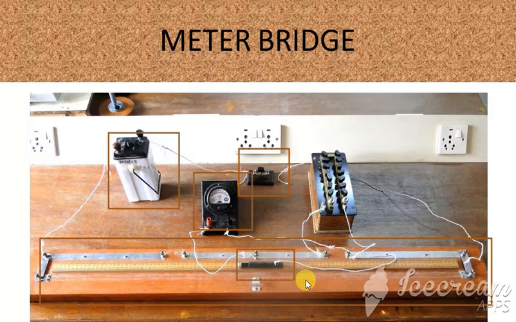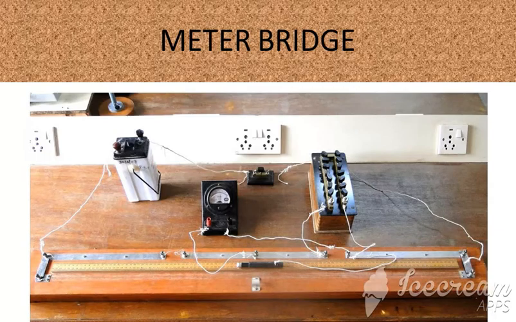So this is a scale, and here you will have a wire. If you move this jockey over this wire, the galvanometer will show the deflection, and we have to note down the point where the galvanometer shows zero deflection. That gives your reading, and this is your resistance. So this is how the apparatus is.